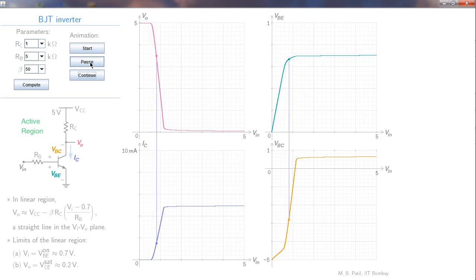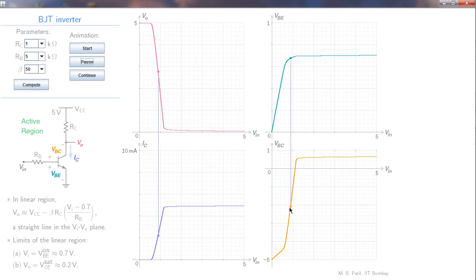And now we have entered the linear region. In the linear region, the collector current has started rising, and because of that this voltage drop has increased, and therefore VO has become smaller. VO, which is VCC minus IC RC, has become smaller, and that is what we see over here. VBC is still less than 0.7.